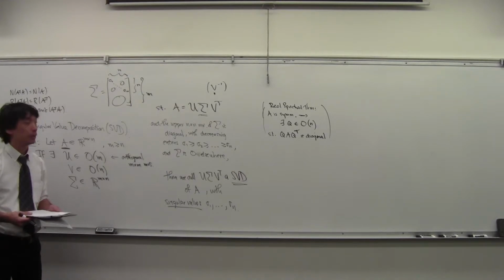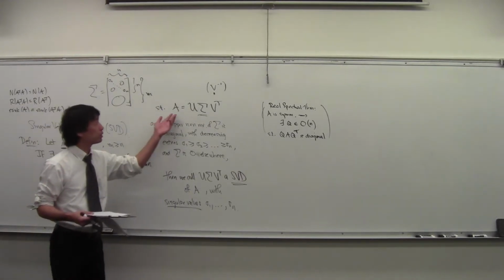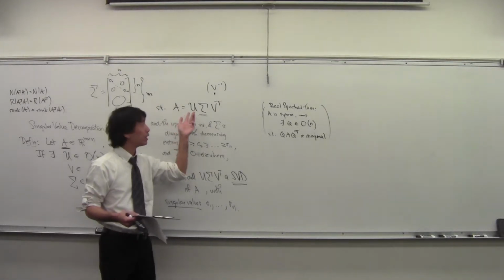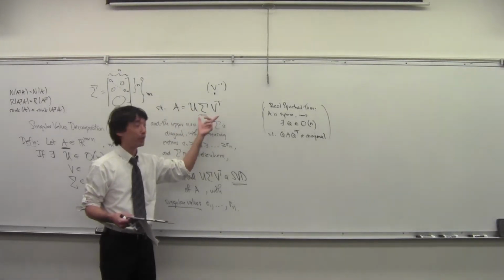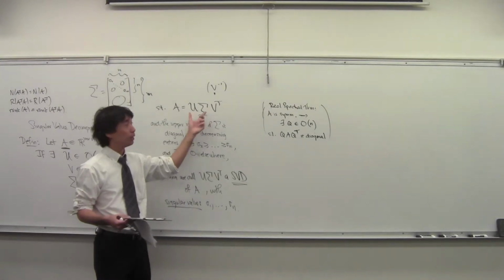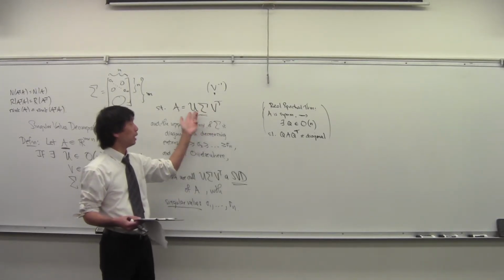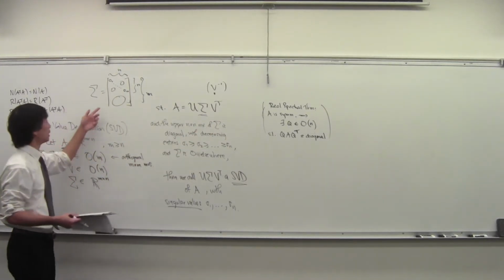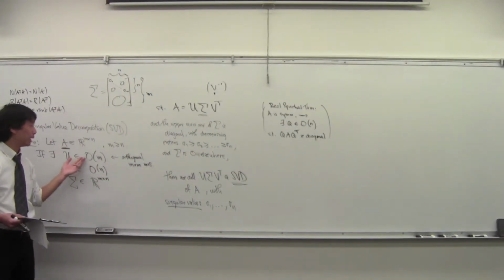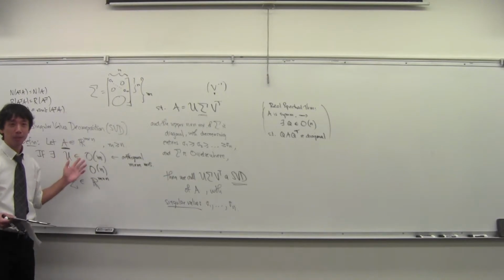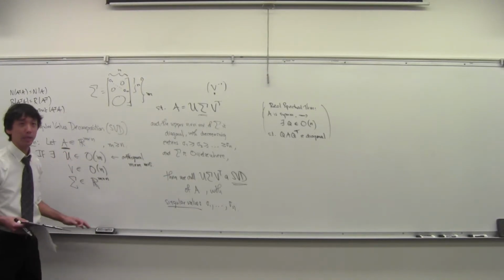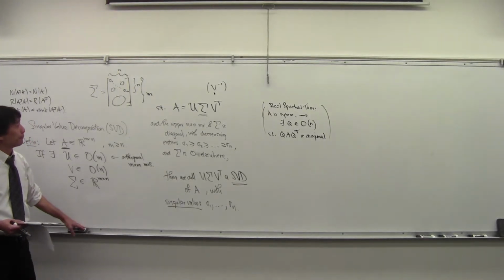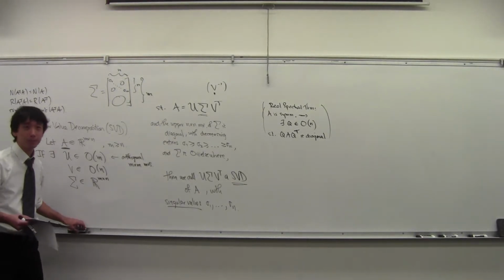We're saying you can take your rectangular matrix and diagonalize it with orthogonal matrices. This U is not equal to V. It can't be because you've got the wrong sizes: one is m by m, the other is n by n. But they're going to be closely related. There's going to be a relation between them.